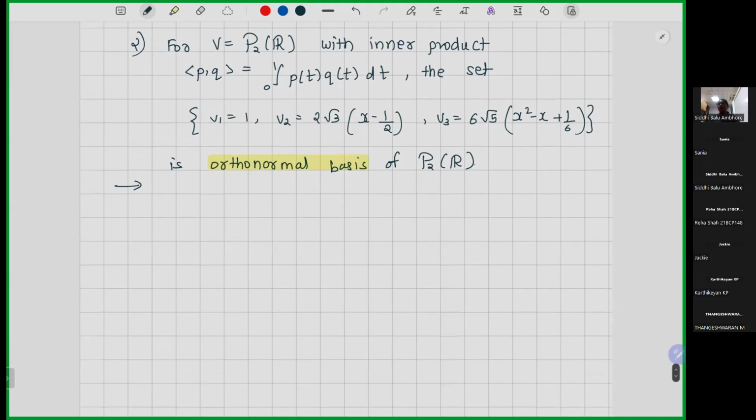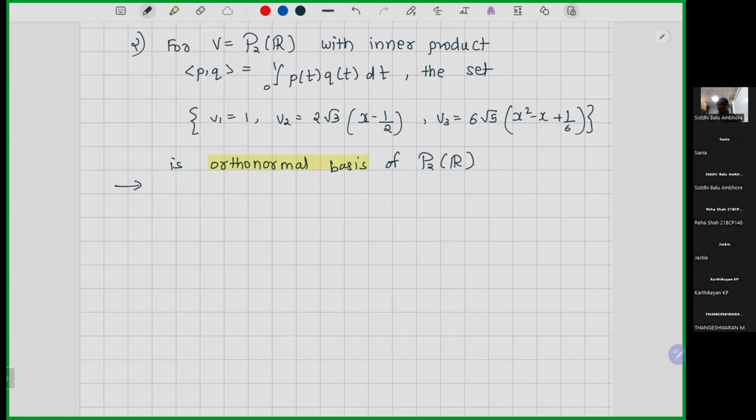And about the linear independence: since P2R is a vector space of dimension 3, we have 3 elements, and looking at them we can clearly see they are linearly independent, because the first element is just a constant, the second has a degree 1 term, and the third has a degree 2 term.